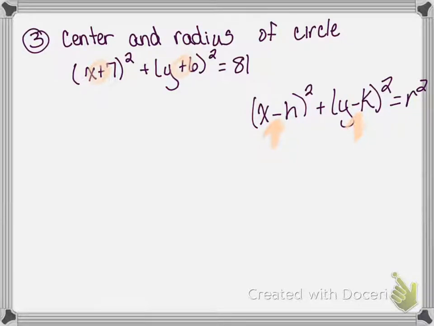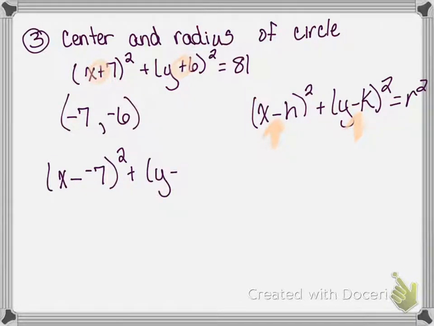So my center is going to be -7, -6. That's going to be my center. And I'll write it like this: x minus -7 squared plus y minus -6 squared equals 81.